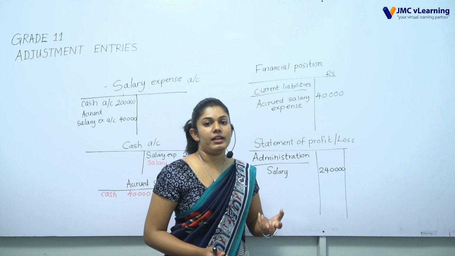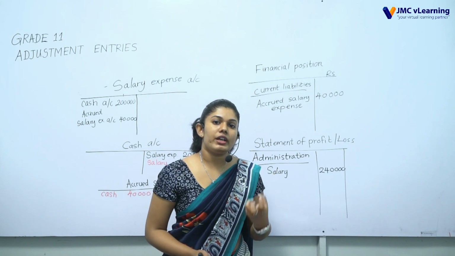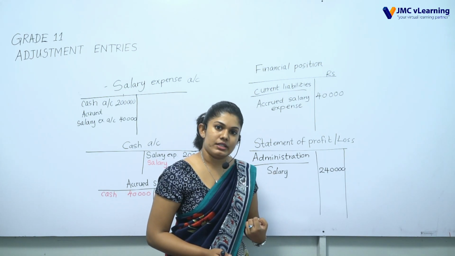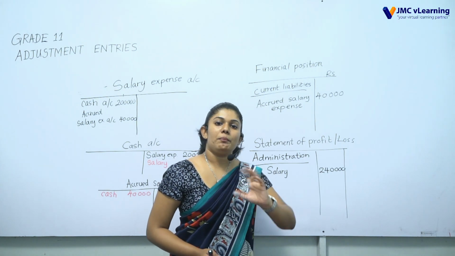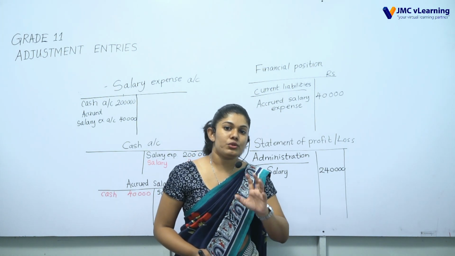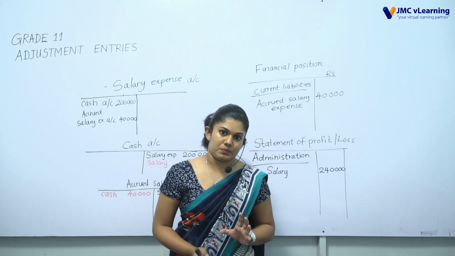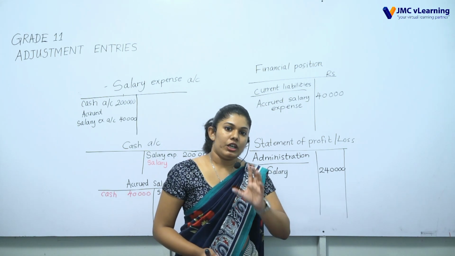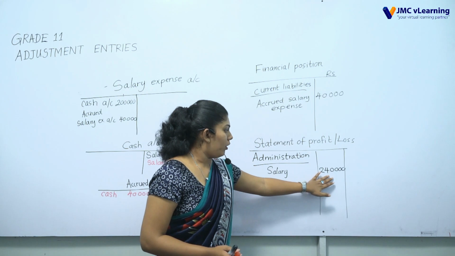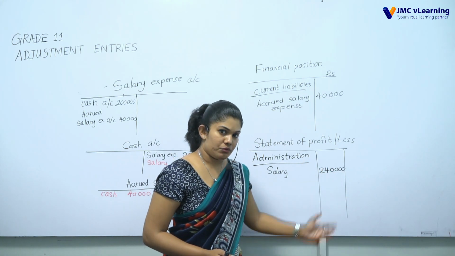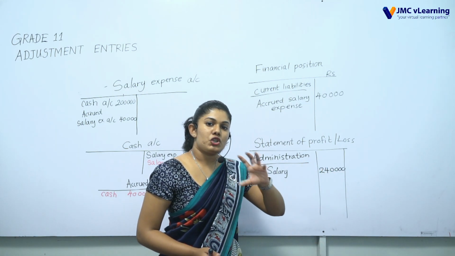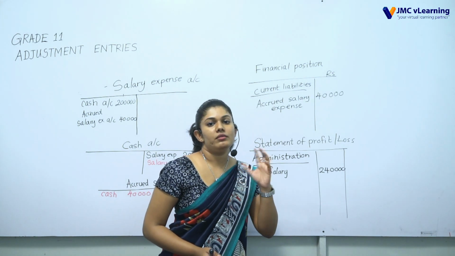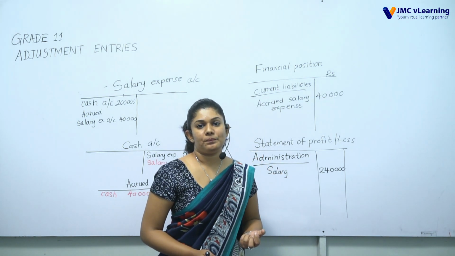In the end, we are providing wrong information to our stakeholders, because whether we paid or not, we have to incur 240,000 salary expense. If we show only the cash paid amount, 200,000, we are not showing a 40,000 amount of expense.